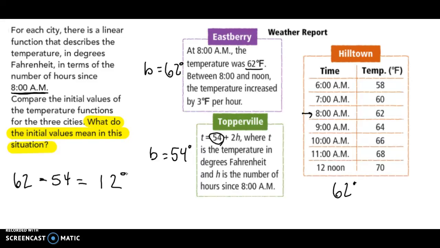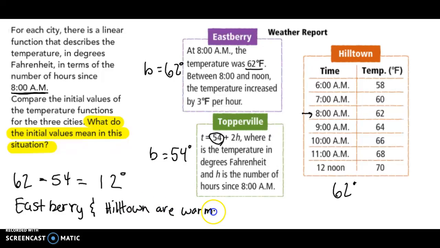That tells me that Eastbury and Hilltown are warmer than Toperville. So Eastbury and Hilltown are warmer at 8 a.m.